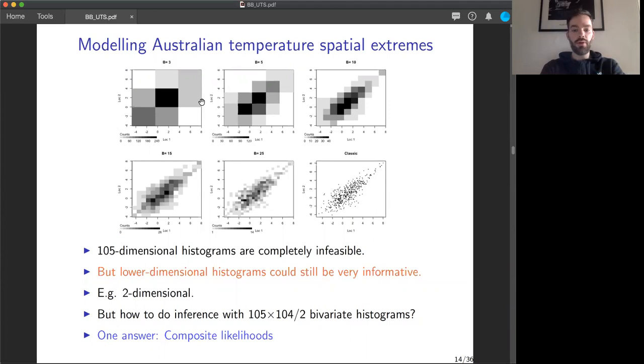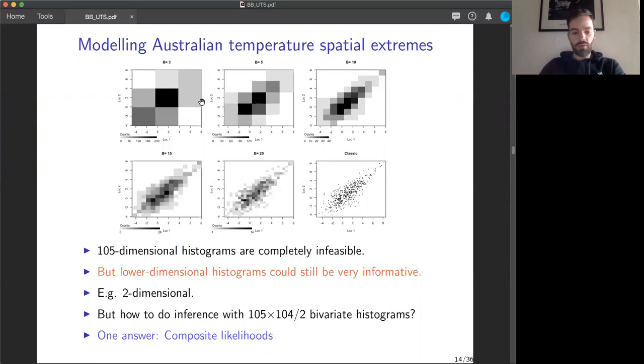It can be either very rough or so precise that you basically have your classical data. So we are wondering whether we can use 2-dimensional histograms between pairs of locations, which means that we will have 105 by 104 over 2 bivariate histograms, and we would like to use these to fit the max-stable model.